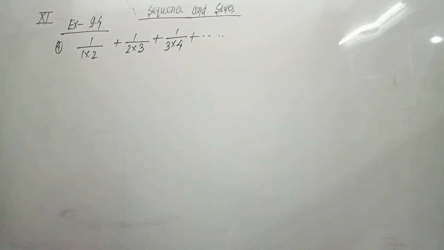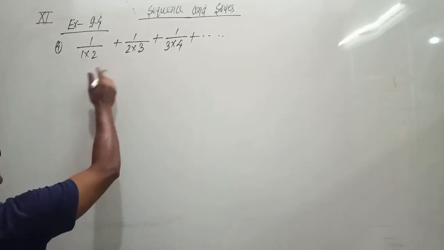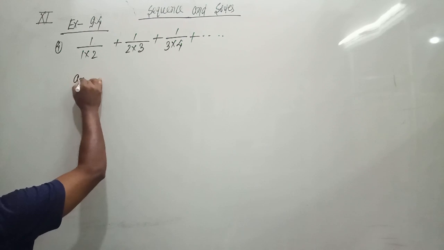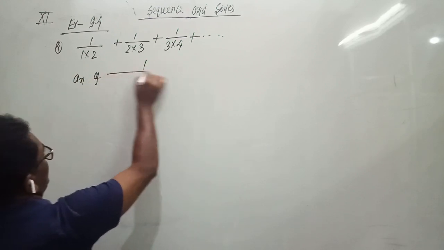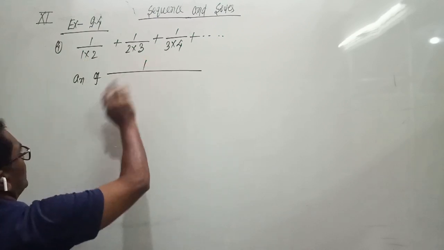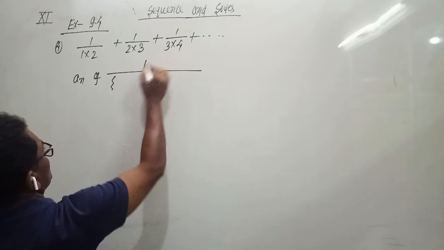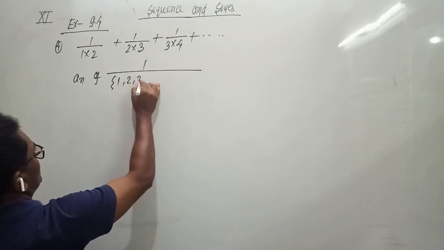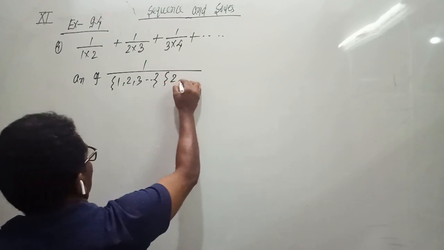Then we find the nth term. So an of 1 upon the denominator is separated: 1, 2, 3 dash dash and 2, 3, 4 dash dash.